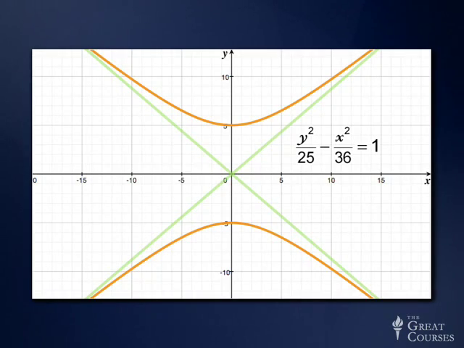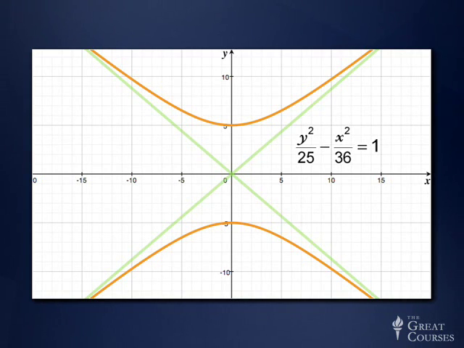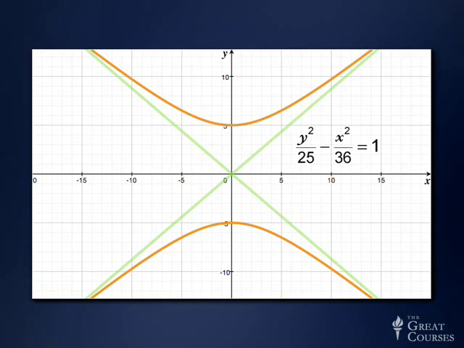So I can start drawing my hyperbola by initially drawing the two asymptotes. I just gave you the equations of those two straight lines. I can plot those two lines. I can plot the two vertices that we just found a moment ago, and then I can draw the two pieces of the hyperbola coming out of those vertices so that the ends of the hyperbola pieces hug or get very, very close to those two asymptotes.